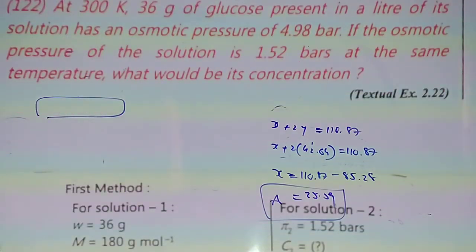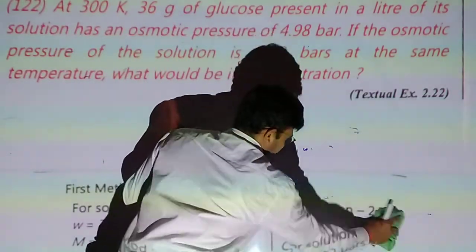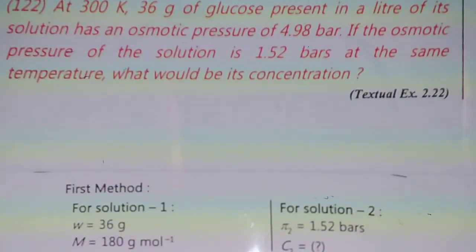Now another question, textual exercise. At 300 Kelvin, 36 grams of glucose present in a liter of its solution has an osmotic pressure of 4.98 bar. If the osmotic pressure of the solution is 1.52 bar at the same temperature, what would be its concentration?